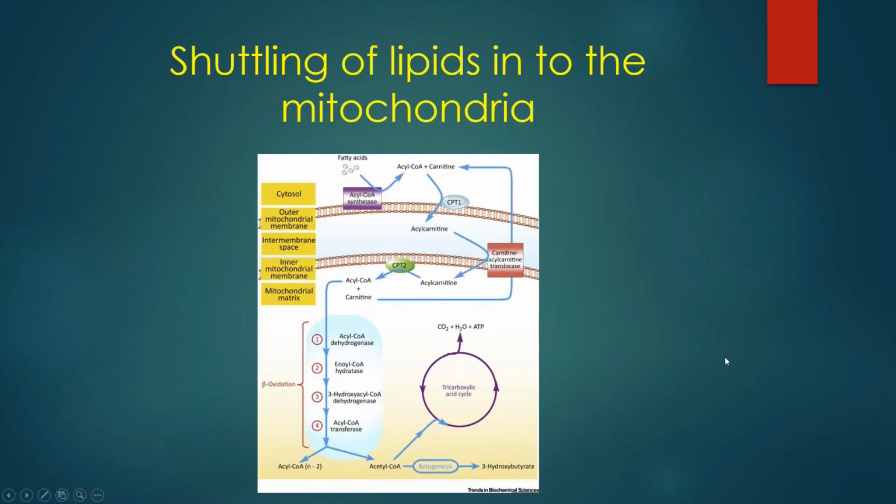Beta oxidation is basically the degradation of fatty acids to produce acetyl coenzyme A, which can go into the tricarboxylic or Krebs cycle to produce ATP, and also serves as a precursor for either ketogenesis, gluconeogenesis, or for lipogenesis itself. So this is a very important molecule. You have to understand that acetyl coenzyme A is a precursor for a lot of biochemical reactions in the cells.